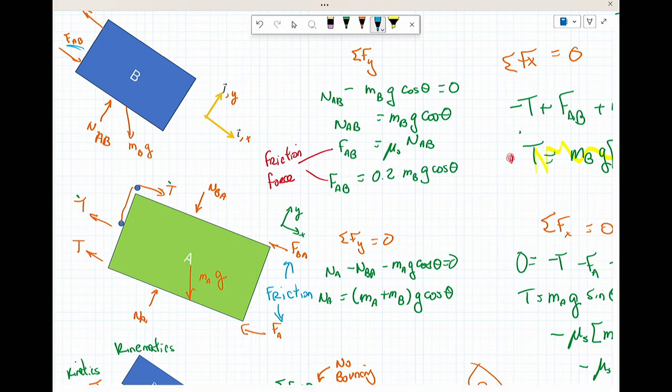FAB is collinear and equal in magnitude, but opposite in sign to FBA. And so if I snap this together like a Lego block, those internal forces would have disappeared. Any force that I put in that is common to the two but opposed to each other is an internal force if I look at both blocks at the same time.